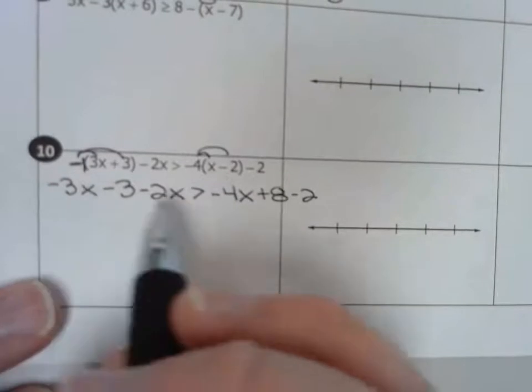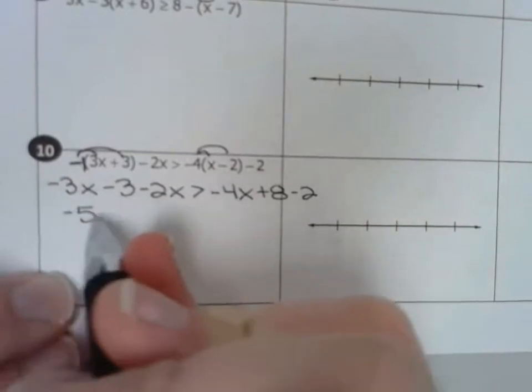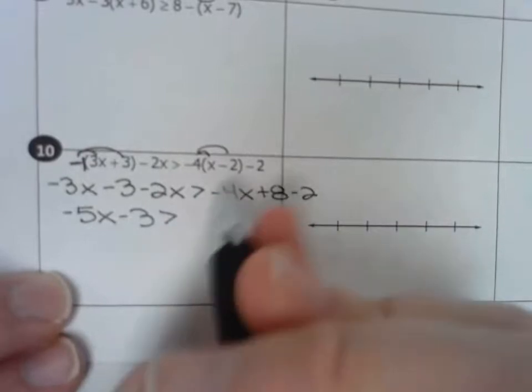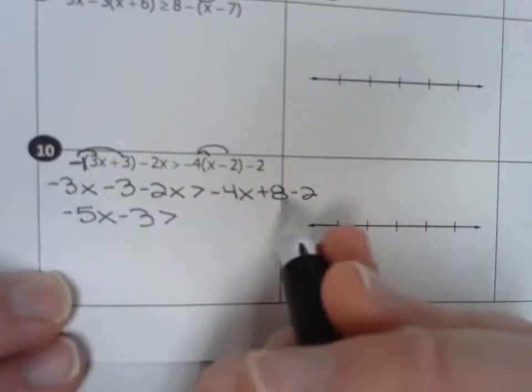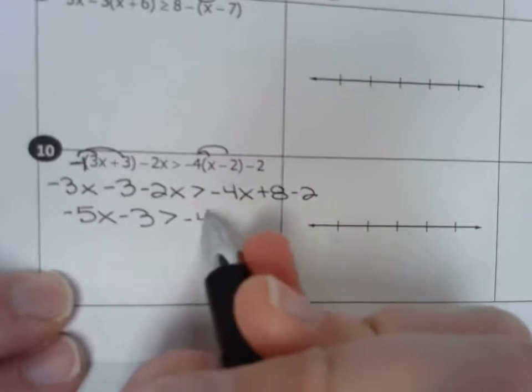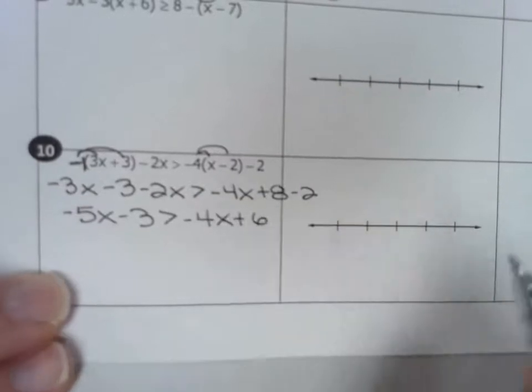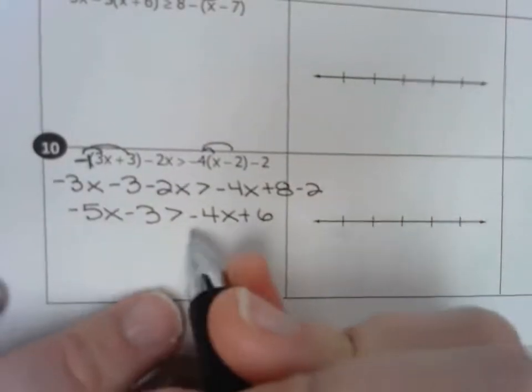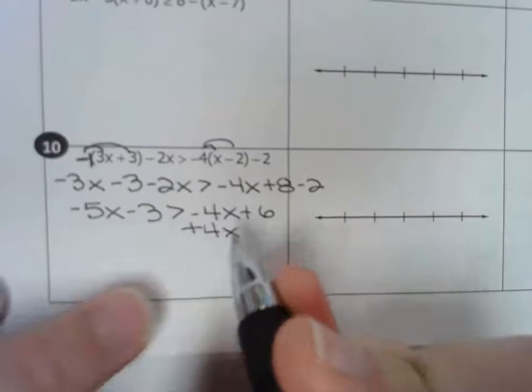Start from the left. Negative 3x minus 2x, negative 5x minus 3. Combine, or simplify. On the right side, I can put the 8 minus the 2, so that's negative 4x plus 6. Both sides are simplified, so now I can start moving things around. Let's go ahead and get my variables together. So I'm going to add 4x.